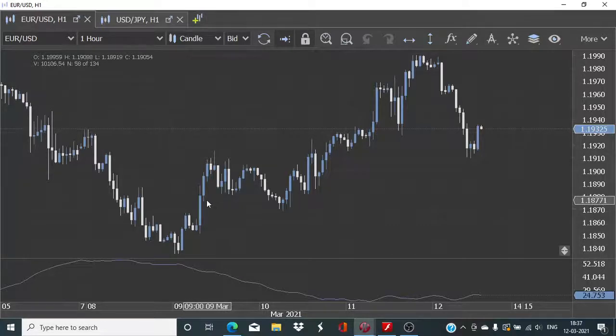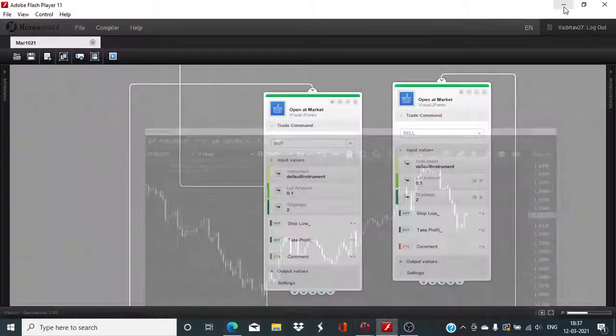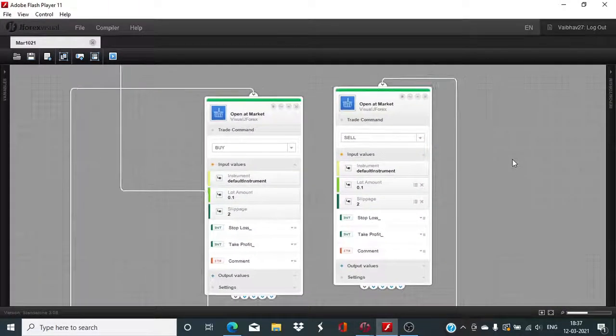So whatever is the difference of that, we will simply keep that difference to be our stop loss, after looking at the pip value, as we have to define these variables, both stop loss and take profit, in terms of pips.